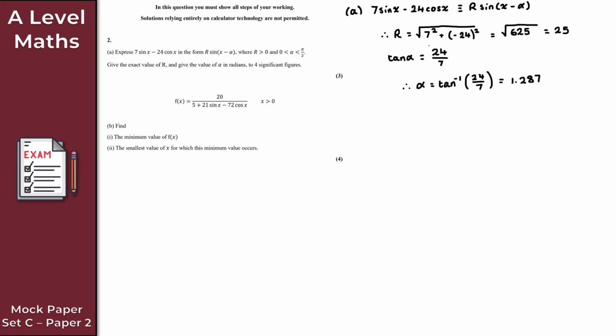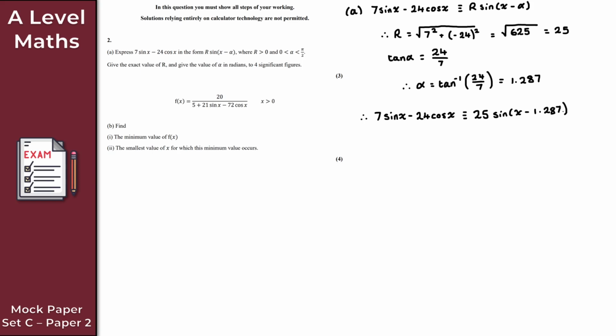And then to finish, just rewrite this in this form, replacing r and alpha with what we've evaluated. So 7 sine x minus 24 cos x is identical to r sine of x minus alpha, where r is 25, so we get 25 sine of x minus alpha, where alpha is 1.287.